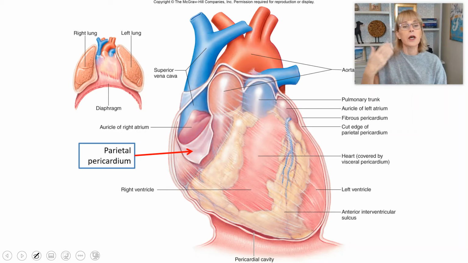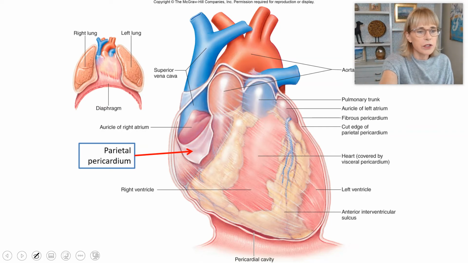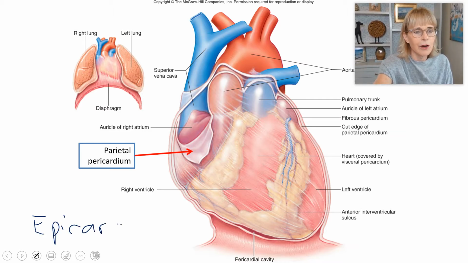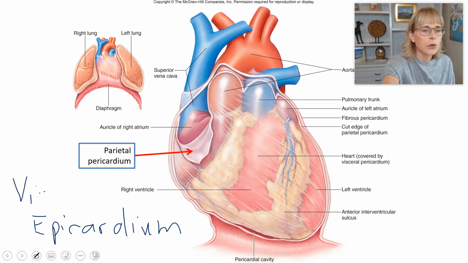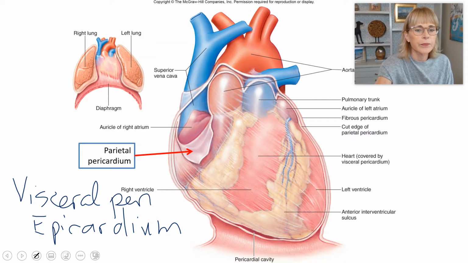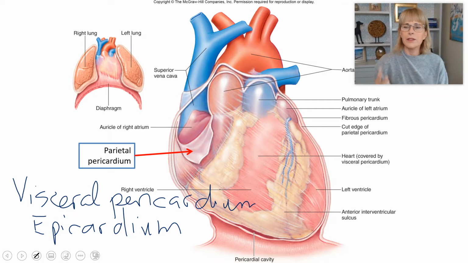The pericardium has got two layers. The part of the pericardium that is actually attached to the heart, you really can't peel it away, is called the epicardium. But it is also known as the visceral pericardium. So if I said, what is the part of the sac that covers the heart that stays attached to the heart?